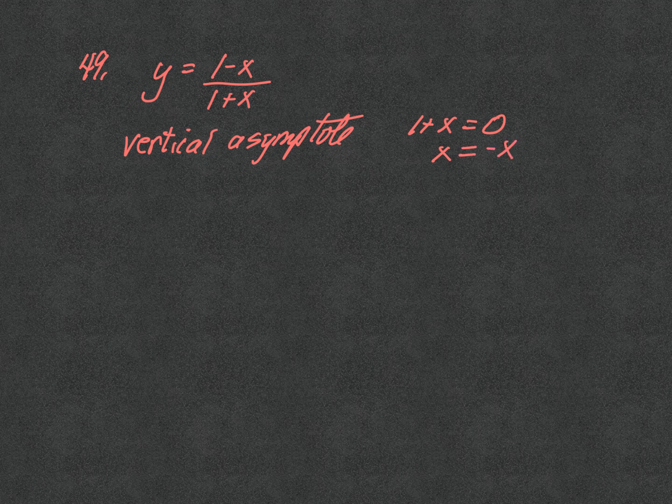So x equals negative 1. So then I take the limit as x approaches negative 1 from the right, and the limit as x approaches negative 1 from the left of 1 minus x over 1 plus x.